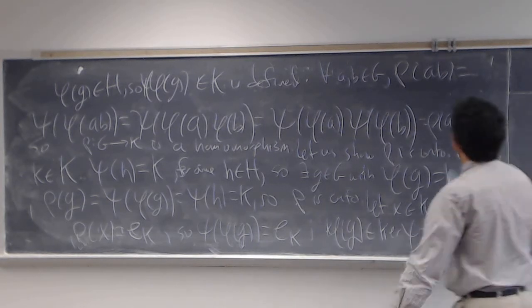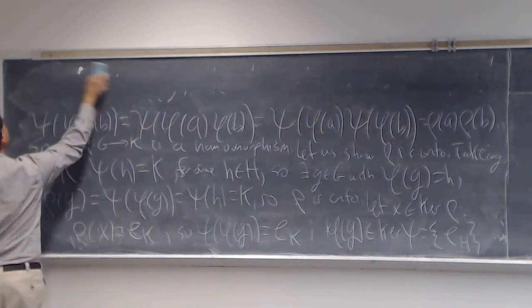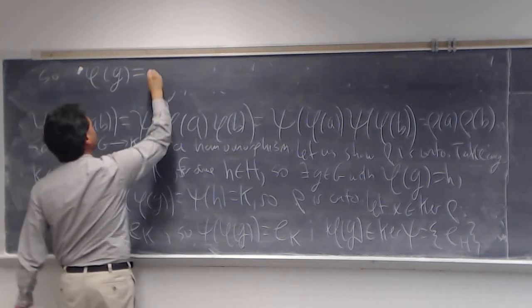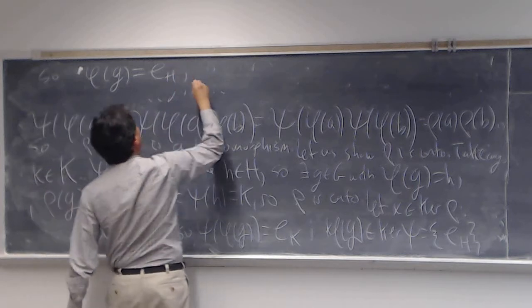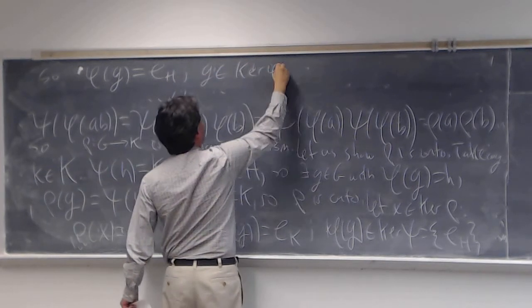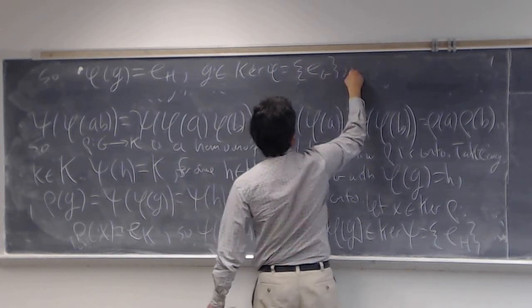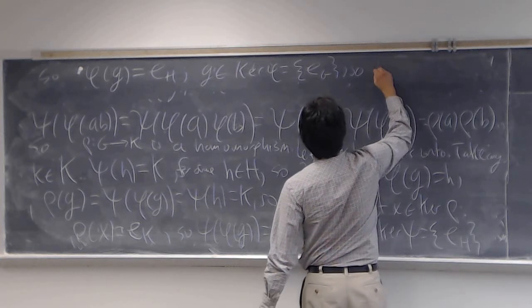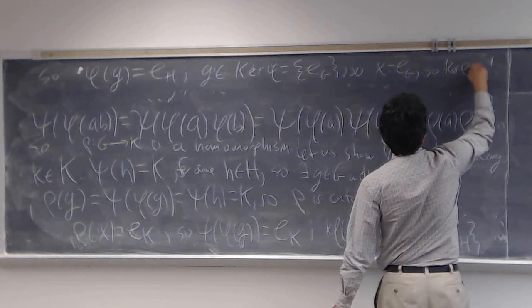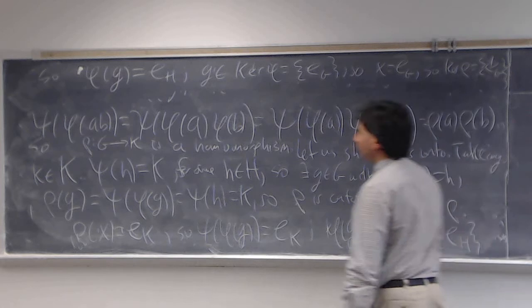So that tells us phi of x is the identity element of H. But again, what does that tell us? That tells us x is in the kernel of phi. Remember, phi was one-to-one, so its kernel has to just be e of G. So x must be equal to e of G. So if something is in the kernel of rho, the only way that could happen is if it's the identity element e of G.